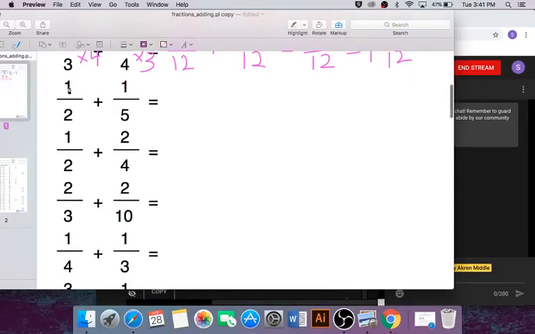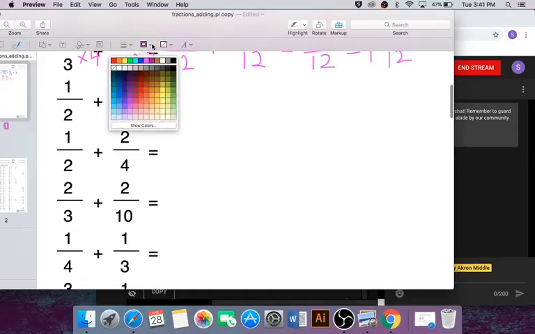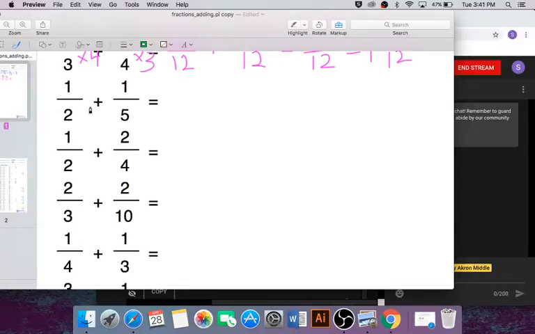Our next one, we have 1 over 2 plus 1 over 5. So we have to figure out what number goes into both 2 and 5. So that's going to be 10, the least common multiple of 2 and 5.